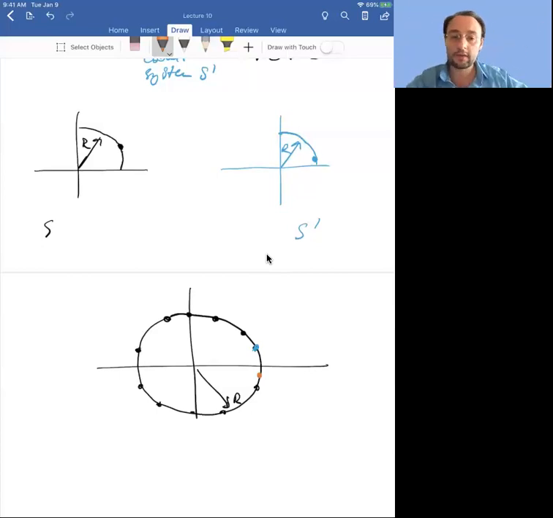So now let's go back to space-time. Before we go back to space-time, you see that a set of all these points forms a circle because the invariant is x squared plus y squared, or delta x squared plus delta y squared.